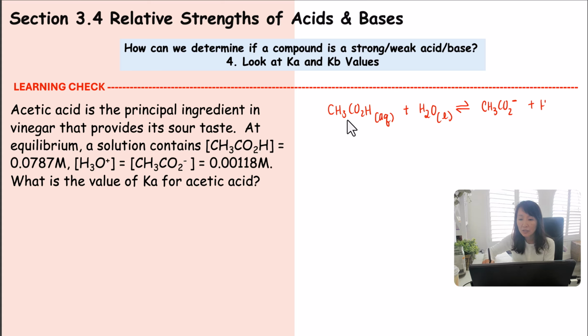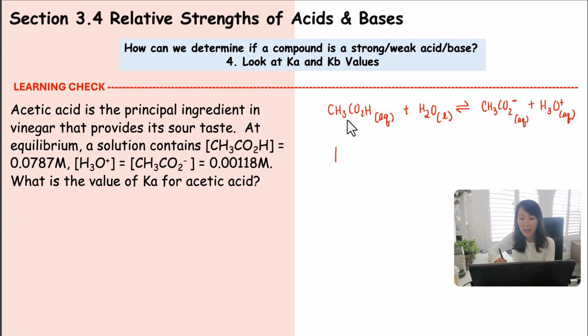Plus H3O plus. So these are all aqueous on the product side. So you'll notice this pattern. You have an aqueous acid or base, and there's water, which is liquid, and then you have the rest of the equation indicating aqueous.